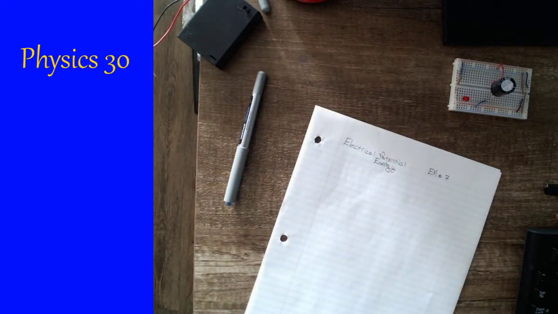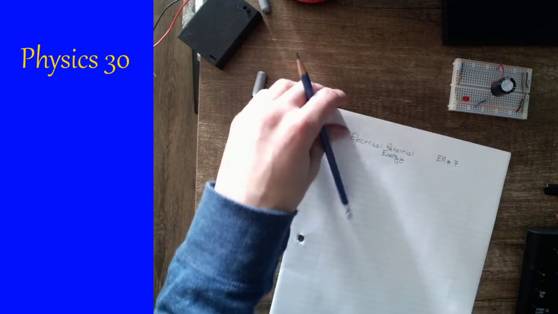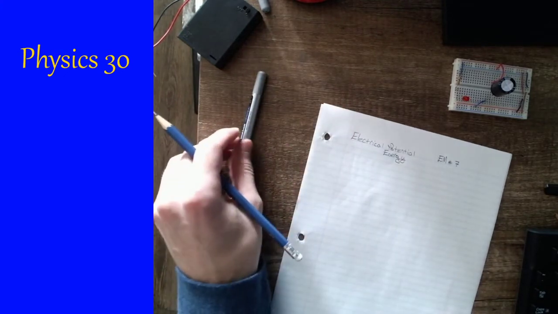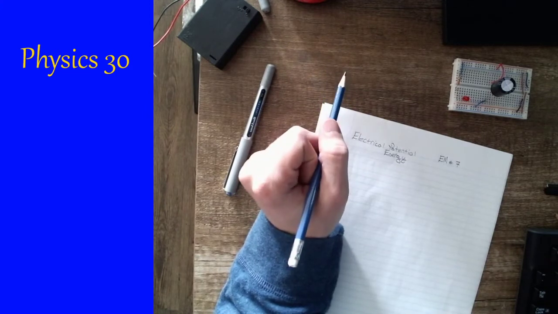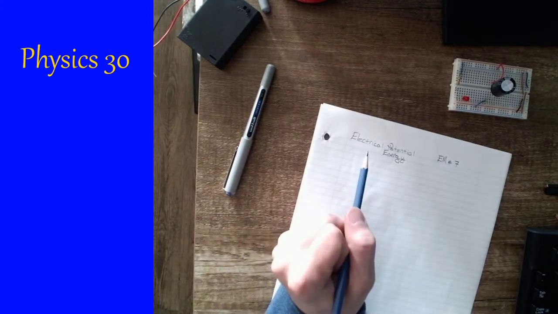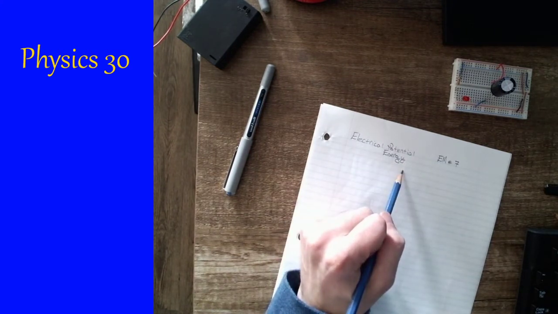And it behaves a lot like some of the energies that we looked at last semester, including gravitational potential energy, elastic potential energy. This is another type of potential energy. It's electrical potential energy.